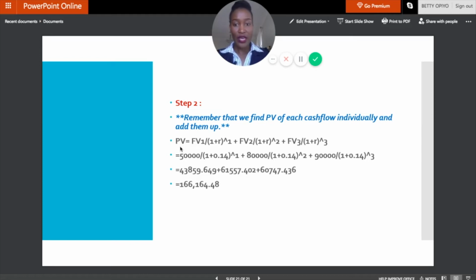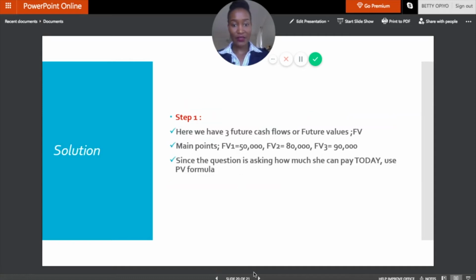So the overall present value that we're looking for is equal to FV1, the cash flow expected at the end of year one, or at t equals 1. We identified FV1 as 50,000.